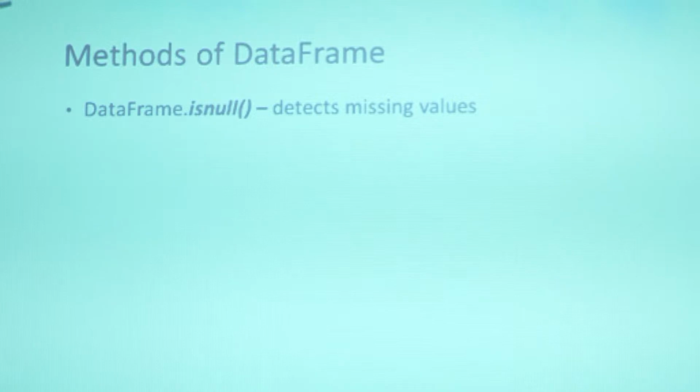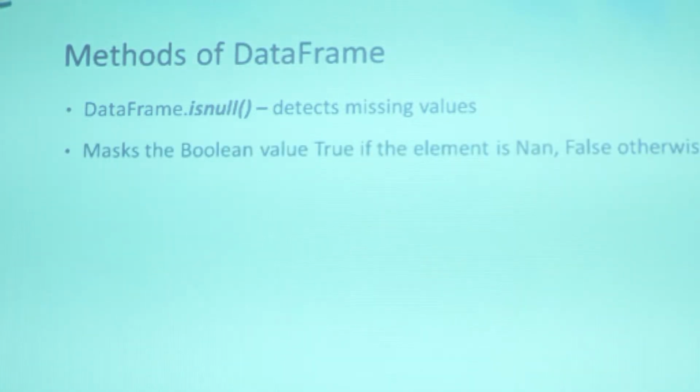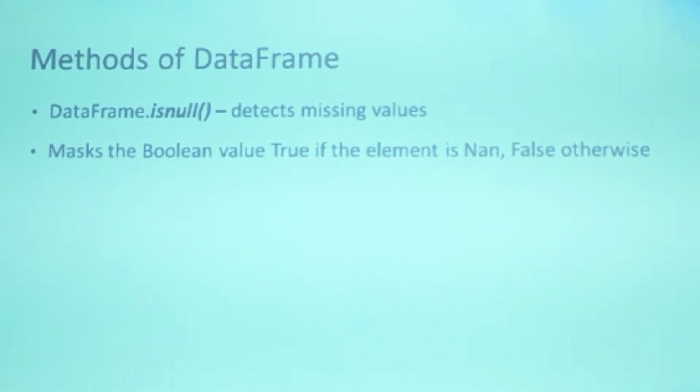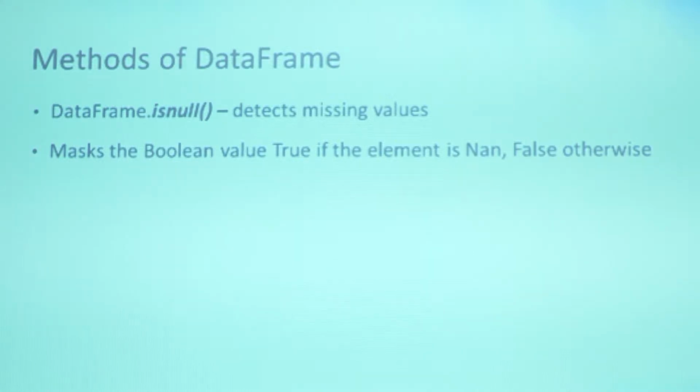It just gives you a Boolean value which is either true or false. How do you represent a null value in Pandas? NaN or NA. Whenever you have these elements in your data frame, it is going to give you a true. Otherwise, it is going to give you a false.